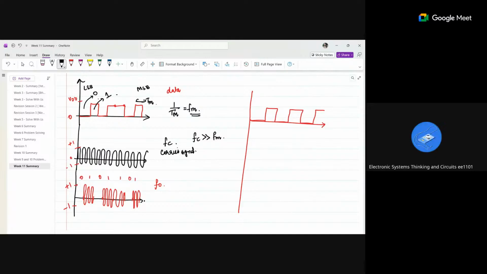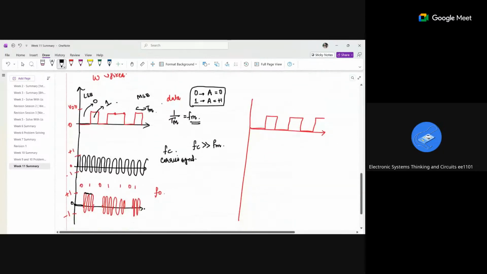To differentiate these, under 0 my amplitude is 0, whereas under 1, my amplitude is +1. So amplitude is changing between 0 and 1. To represent 0, I have an amplitude equal to 0, and to represent 1, I have an amplitude equal to +1 in my output data. So the difference in amplitude is used to differentiate between 0 and 1. So it is called amplitude modulation.